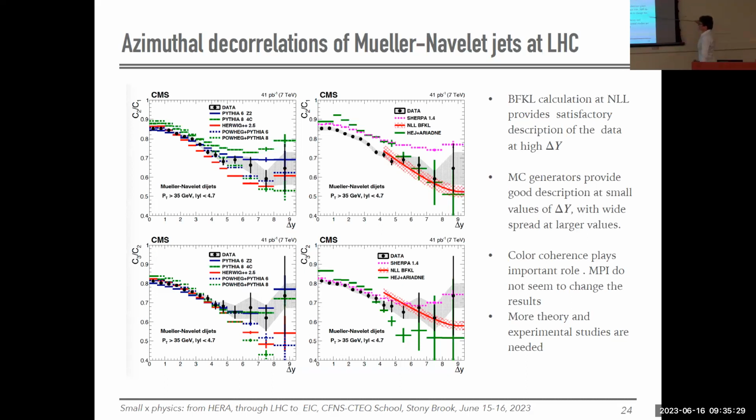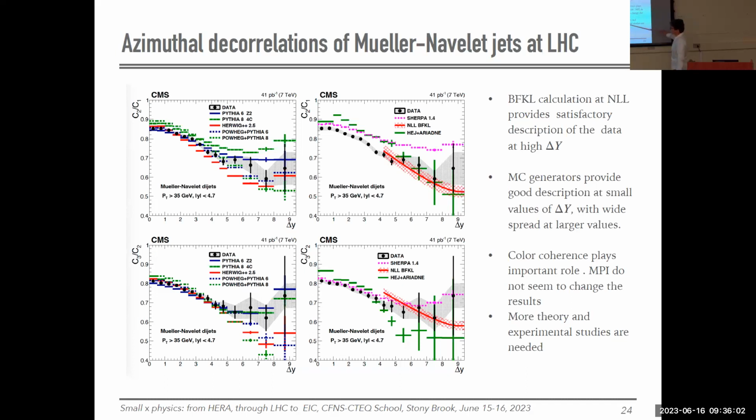Yeah, so color coherence is essentially a property where you have emissions that are angularly ordered along the cascade. Okay, and so that is implemented in some of these Monte Carlos, and that is important. On the other hand, the multi-parton interactions, surprisingly, do not play a role here in these calculations.